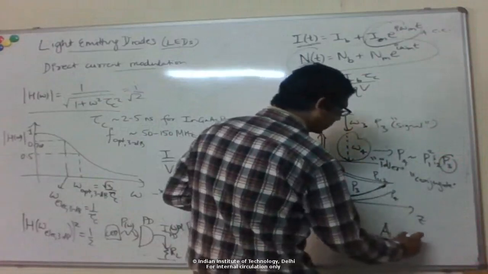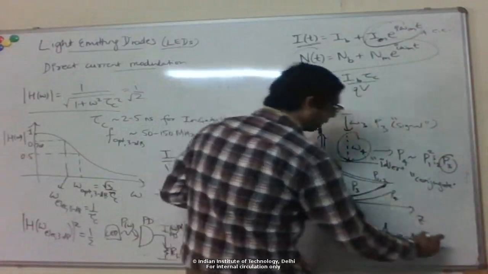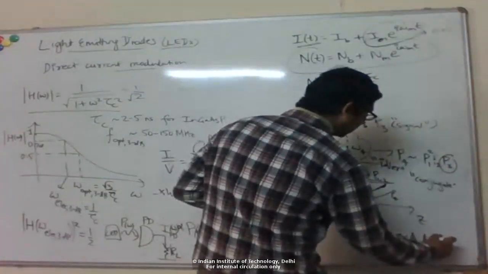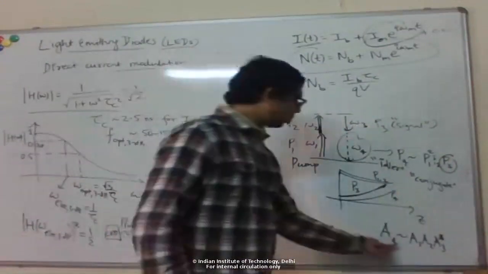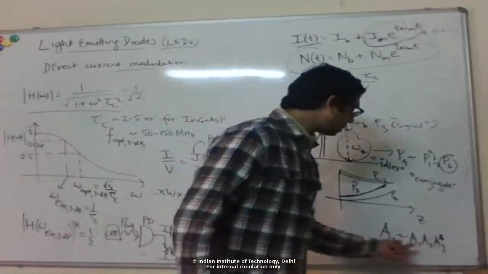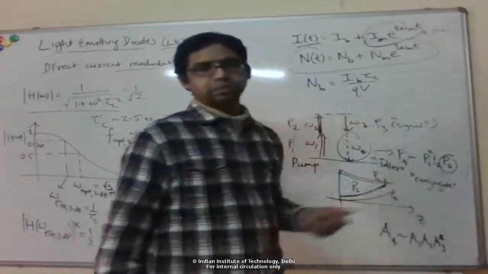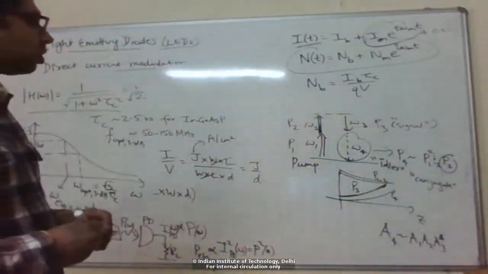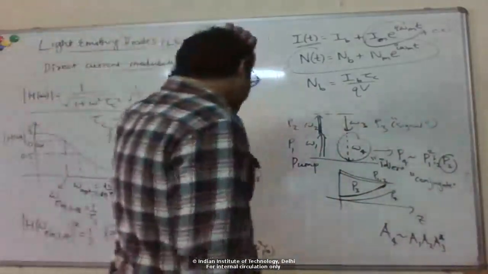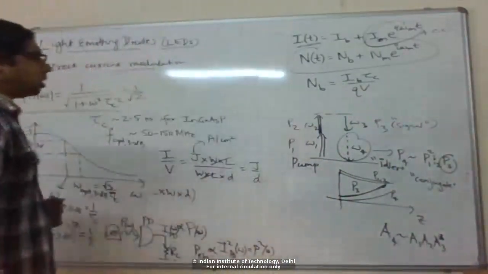So that goes as something like the product of the amplitude of the pumps multiplied by the conjugate of the amplitude of the signal. Okay, so A4 is proportional to the conjugate of A3, so that's why sometimes the idler is also called conjugate. But these are all terminologies, and of course, we are not going through a lot of the details here, for which you need to do a nonlinear optics course.